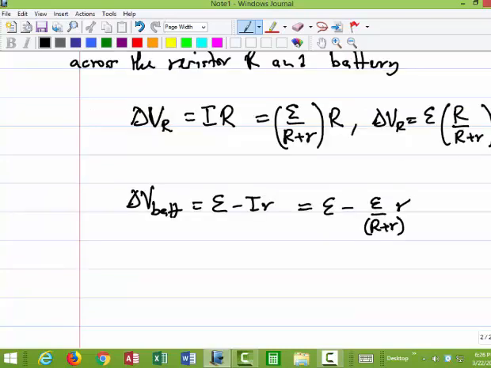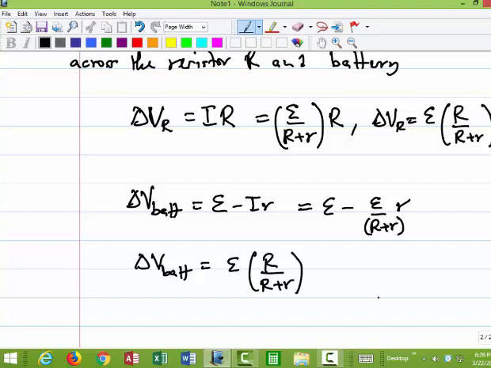So after a little bit of calculation, the potential drop across the battery comes out to be E R over (big R plus little r).